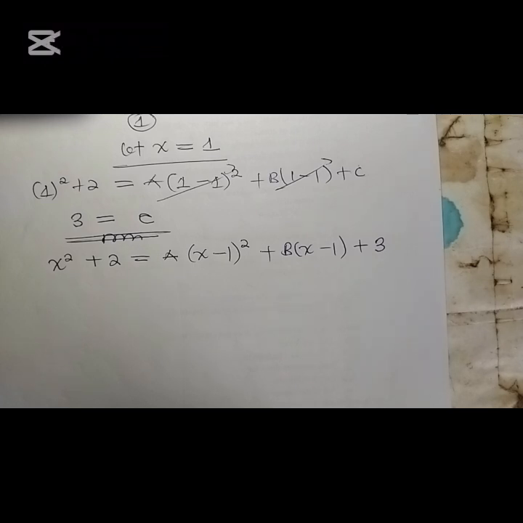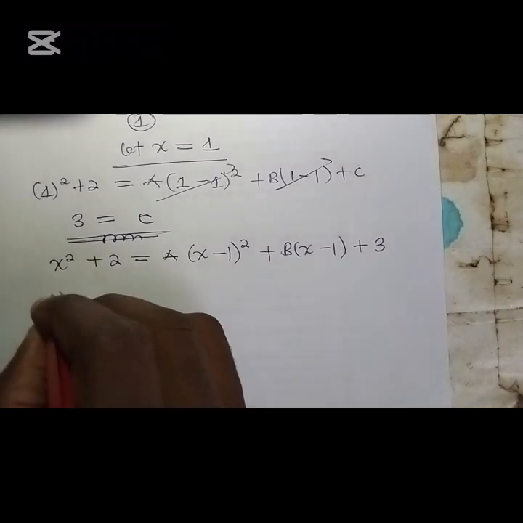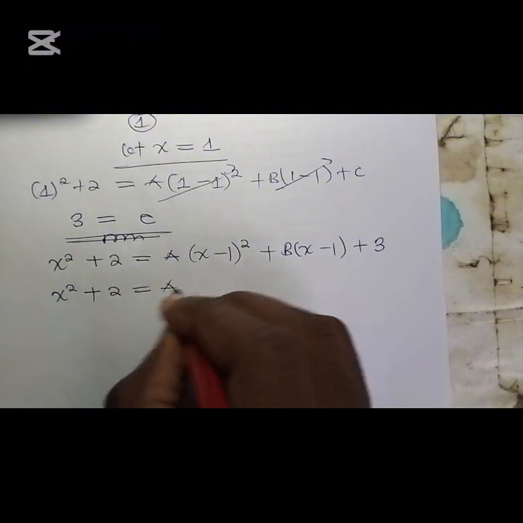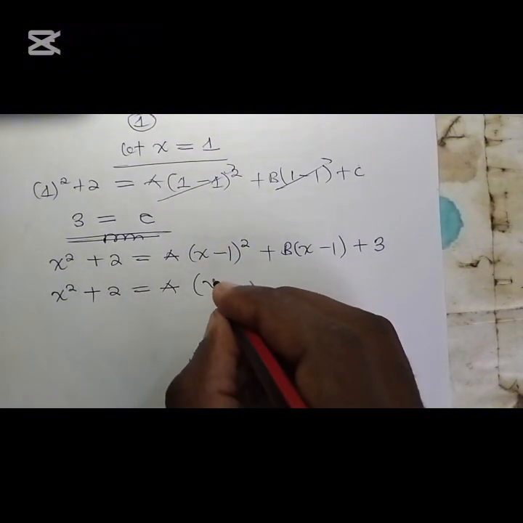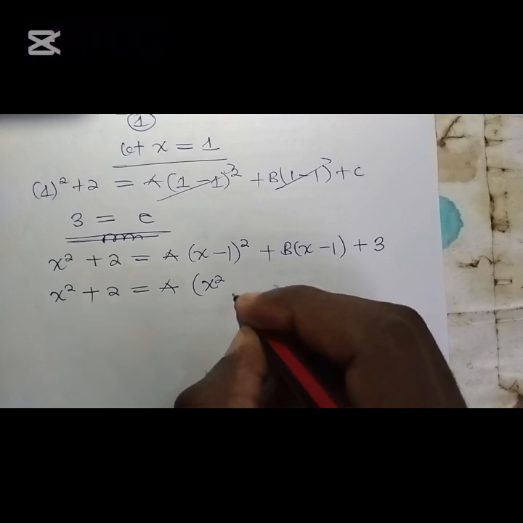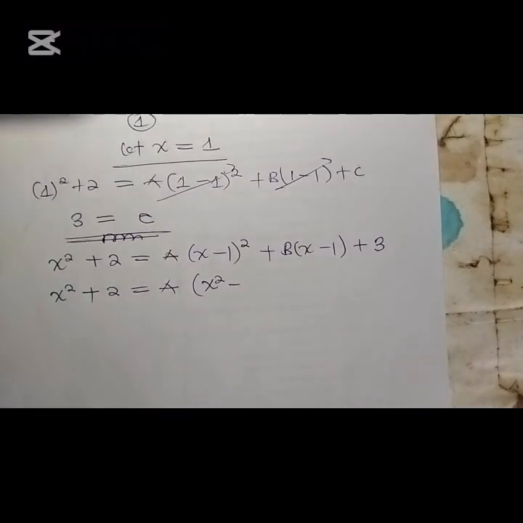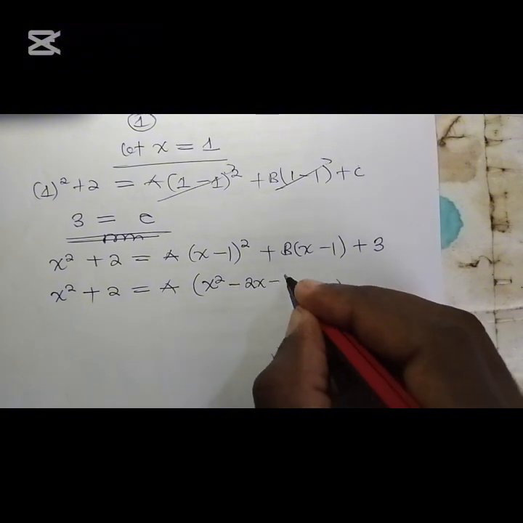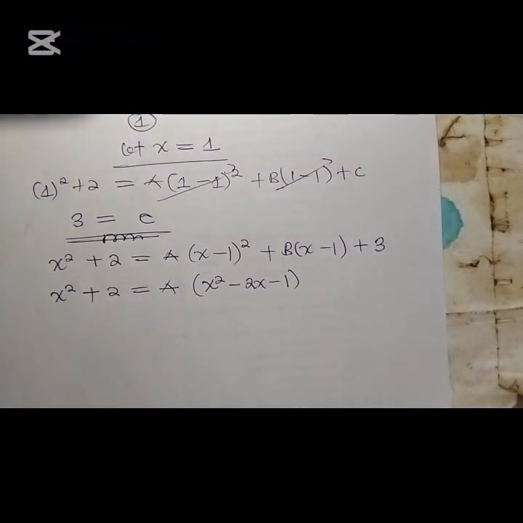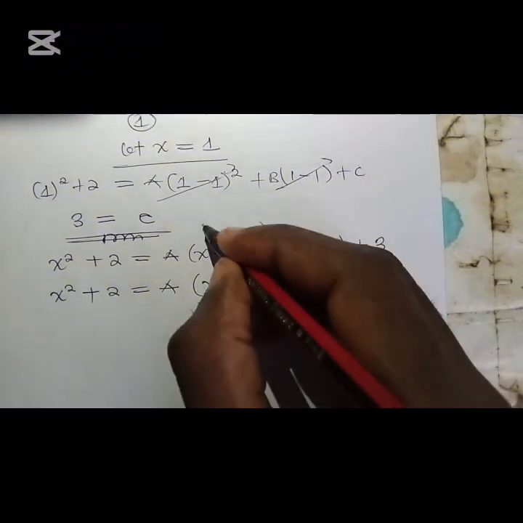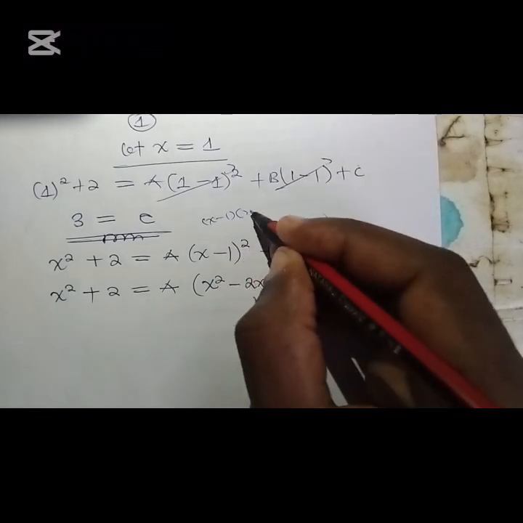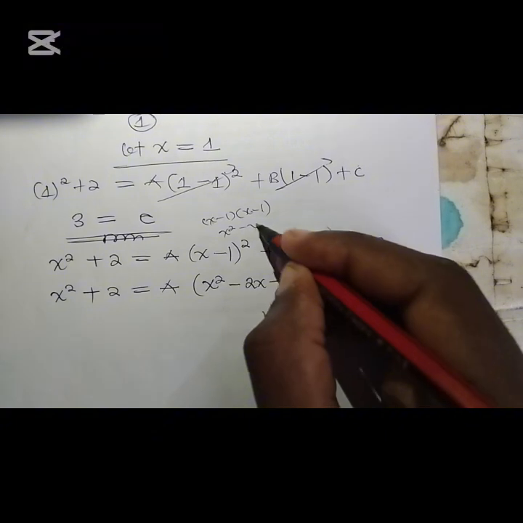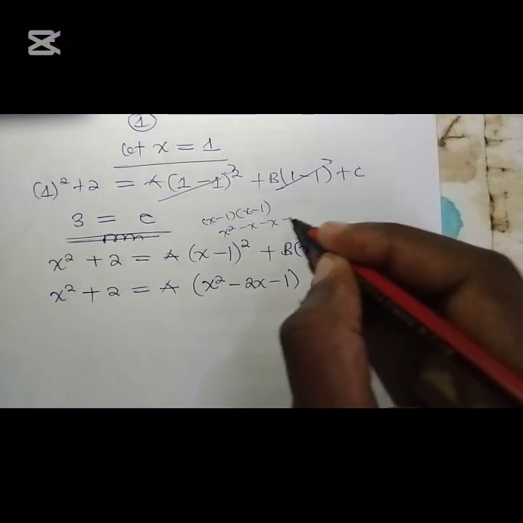From there now we can expand, so this will be x squared plus 2, which is equal to a. If you expand this, you're going to have x squared, this times that is x squared, this times that minus x, this times that minus x, then plus 1.